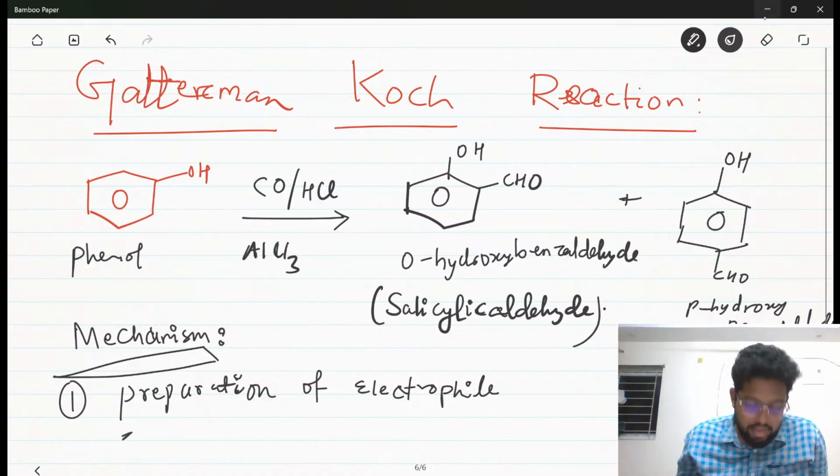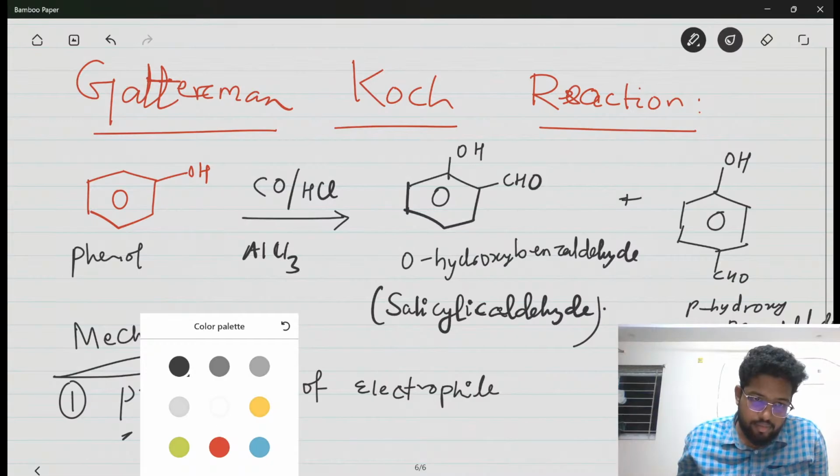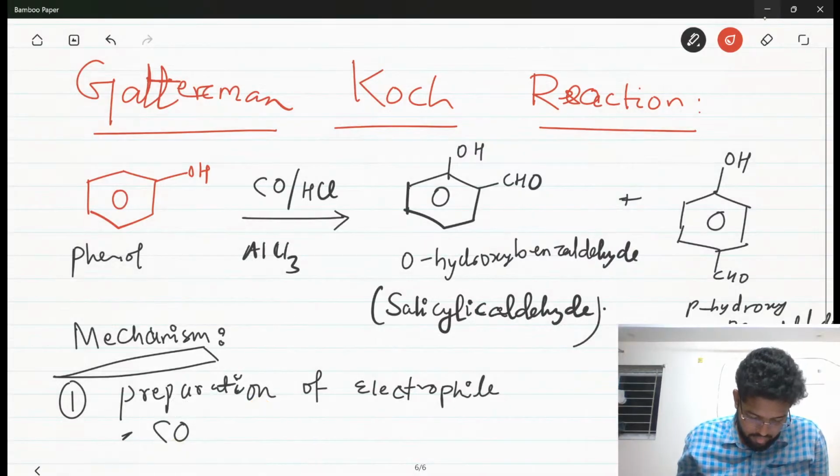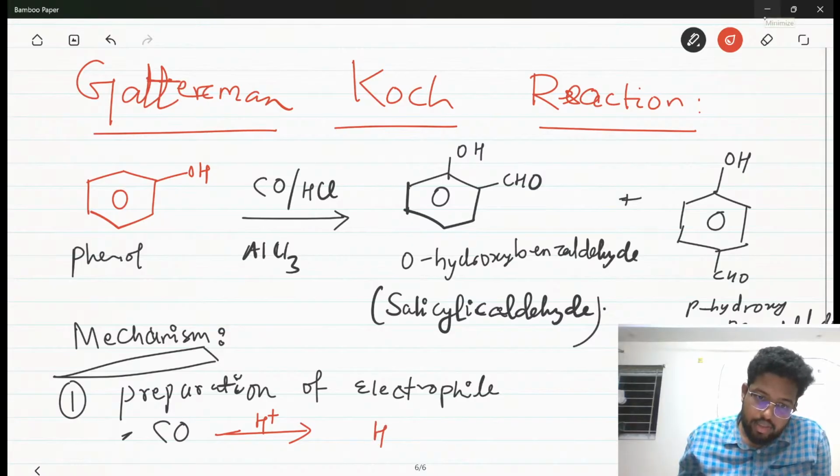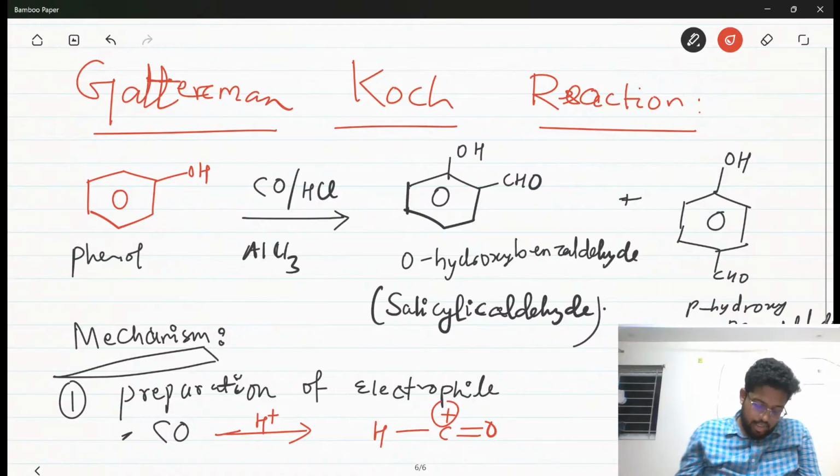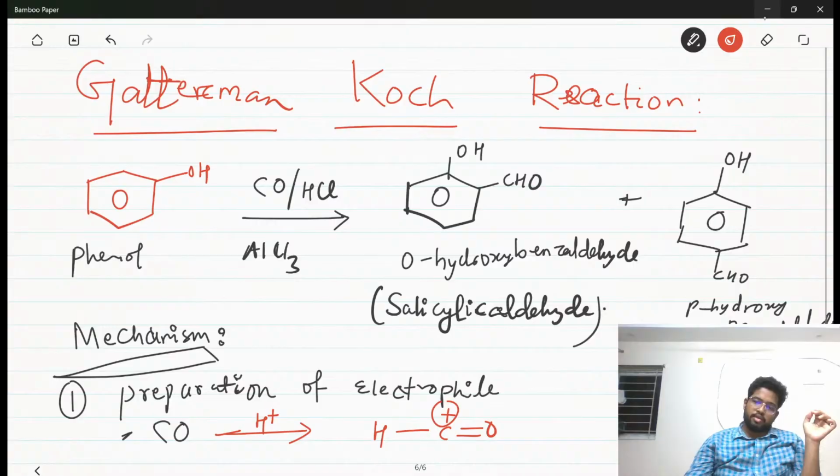Now you have CO. CO is treated with H plus. What I will get? Now I will get HC double bond O plus. This HC double bond O plus will react with our benzene ring.